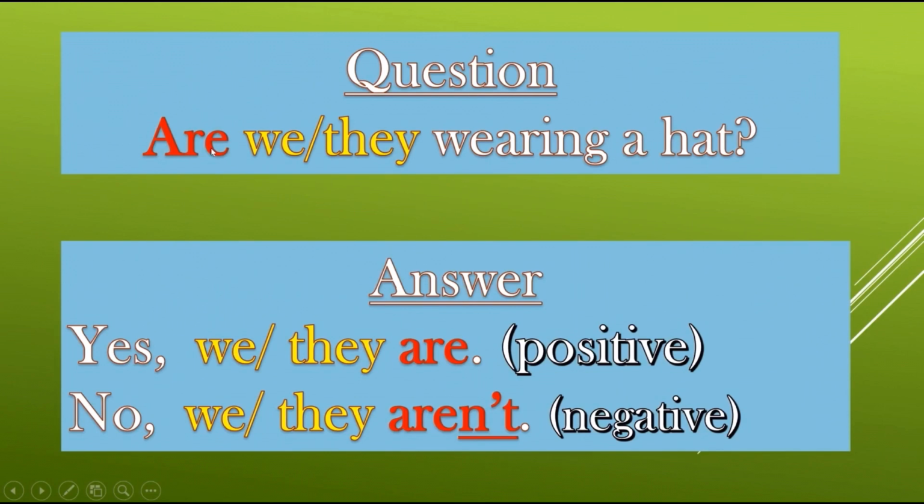If the question word starts with are, your verb to be in the answer is also are. Now, if the answer is yes, the verb should be in the positive form. If your answer is no, the verb is in the negative form, so you say aren't.